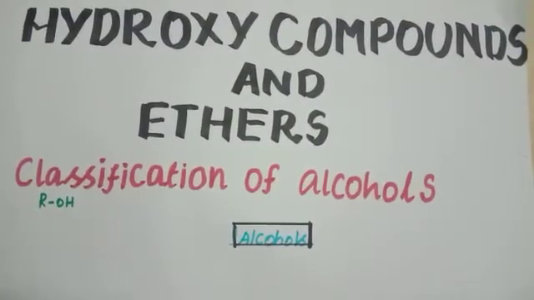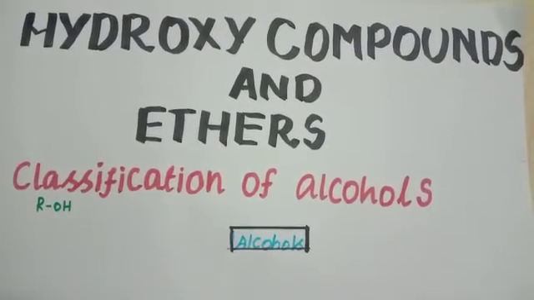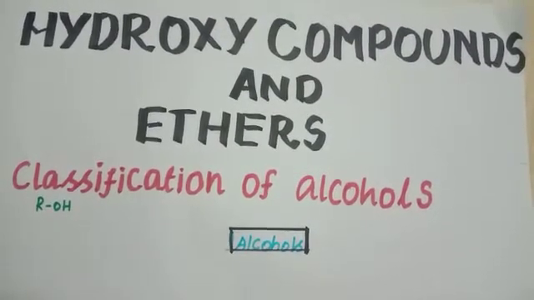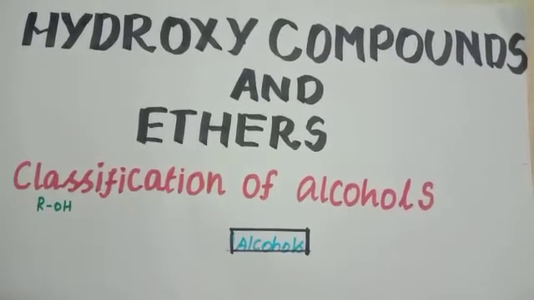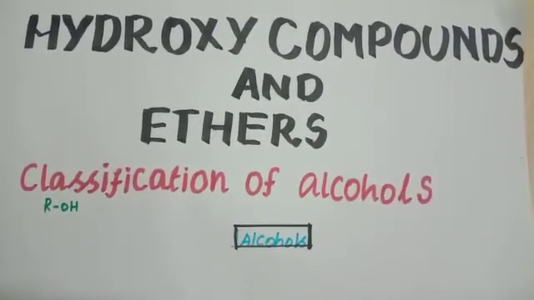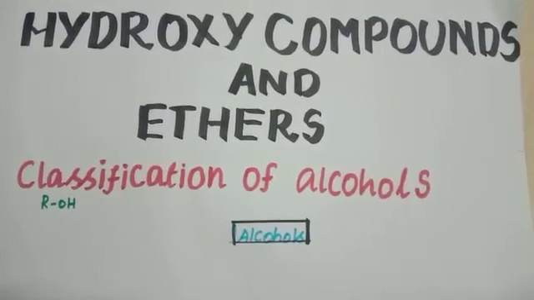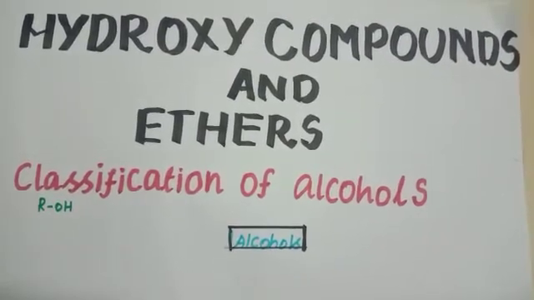First, we will see the classification of alcohols. Alcohol can be classified based on the number of hydroxyl groups and the nature of the carbon to which the functional group is attached. Depending upon the number of hydroxyl groups attached, it is classified into two types.